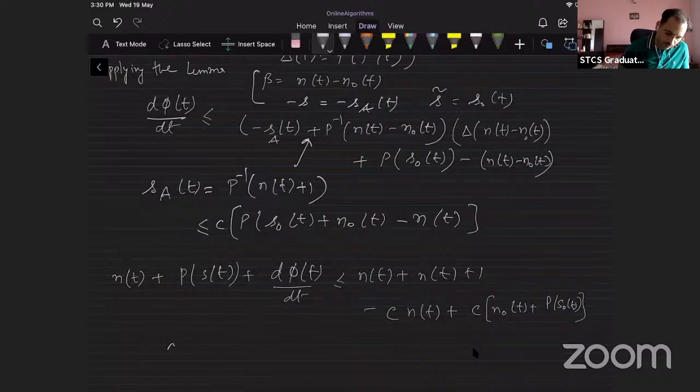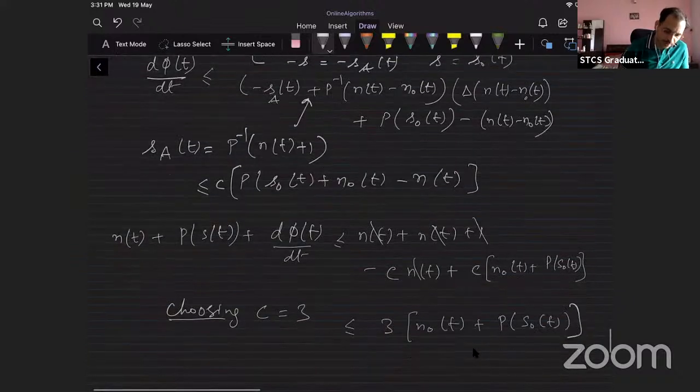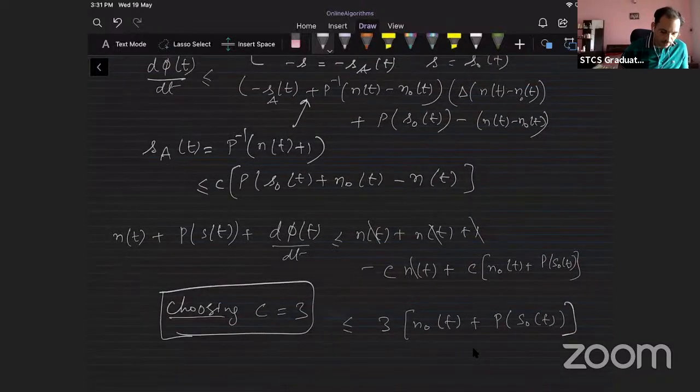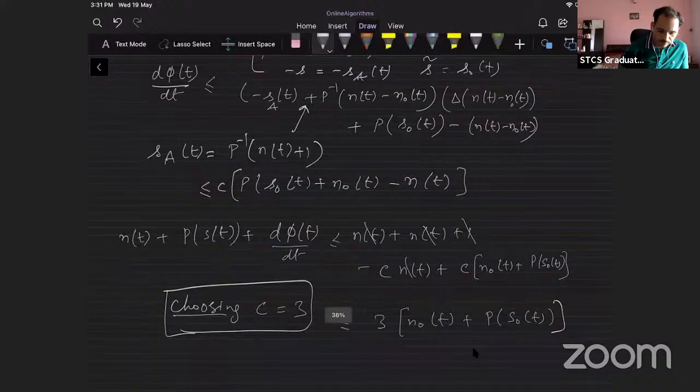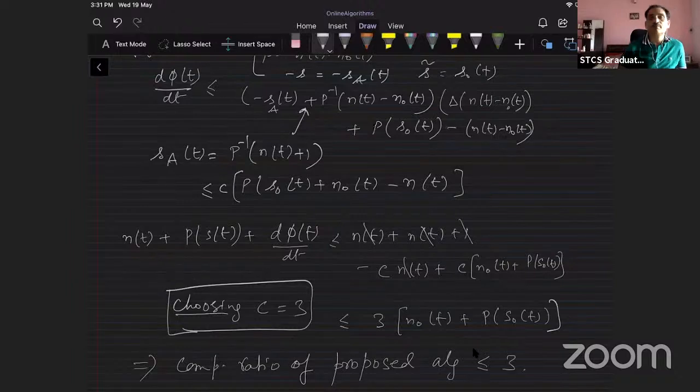Choosing c equal to 3, I can get rid of all these three terms here. So this is at most 3 times n0 t plus p of s0. So this c equal to 3 choice is made in the potential function itself. So this tells us the competitive ratio, okay, and we are done.